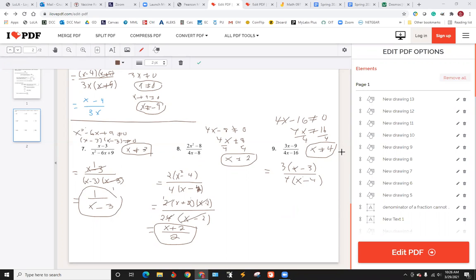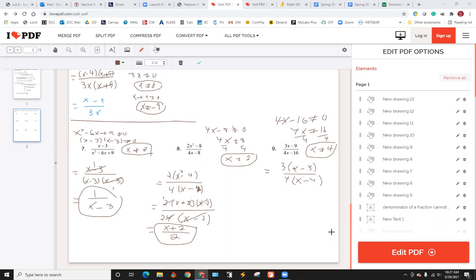All right. So just in case you thought something was going to take out here, what do you see that can be taken out, Sean? I'm not trying to embarrass you or anything, but is there anything that's common there from top to bottom? I know every one of these other ones, you had a common factor, but on this one, there is nothing common between 3 and 4.